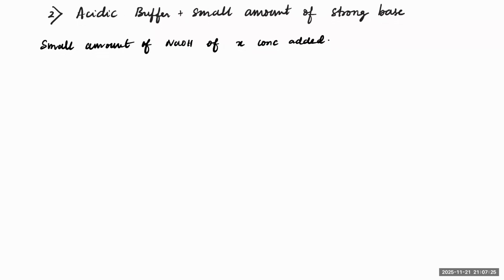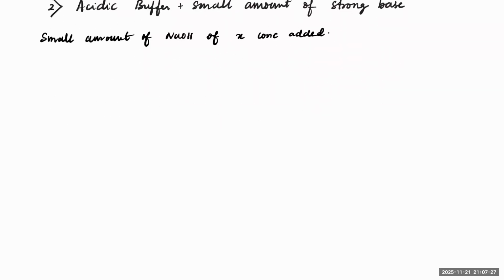So in that case, CH3COOH would react with NaOH directly to convert into CH3COO minus plus Na plus plus H2O. Got it? So in this case, this was already A moles, this was S moles, and now you are adding X moles of NaOH. Correct? X moles. Let me write this as X moles.